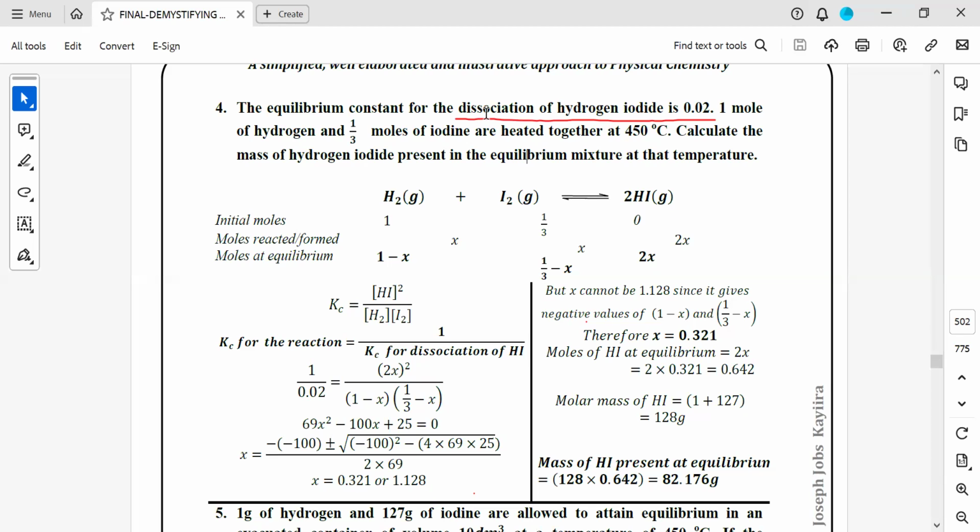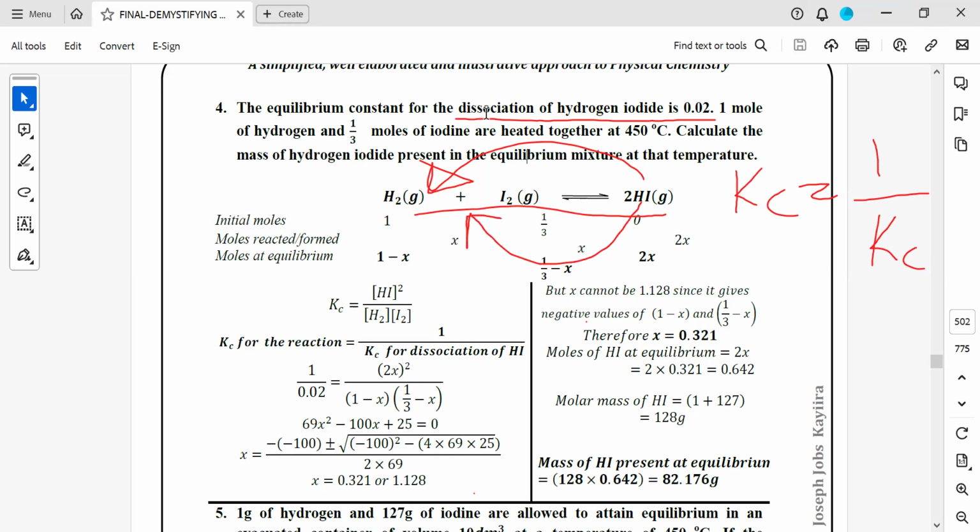And we said the other time that the Kc of the forward reaction is the inverse of the Kc of the reaction going backward. The forward reaction gives you the Kc, while going back, we have the dissociation, where the hydrogen iodide is splitting into hydrogen and iodine, to give us 1 over Kc.